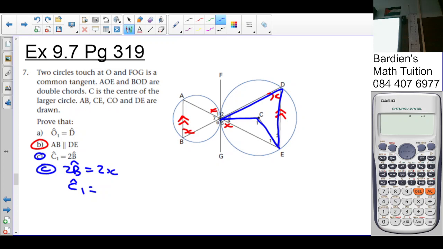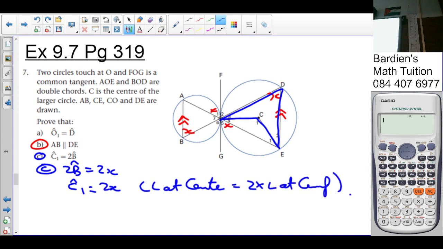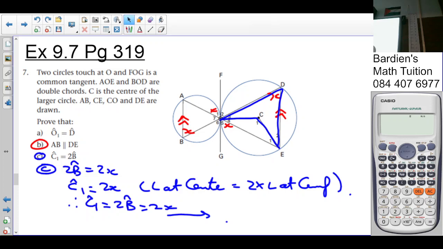Angle C1 is equal to? 2X. Why? Angle at center is equal to 2 times angle at circumference. So C1 is 2X. Therefore, C1 is equal to twice angle B, which is equal to? Okay? Easy, no?